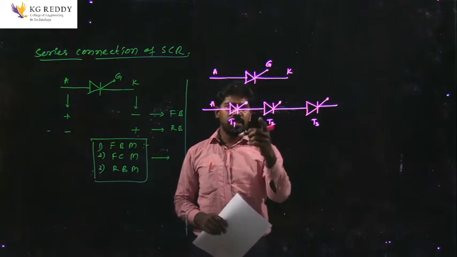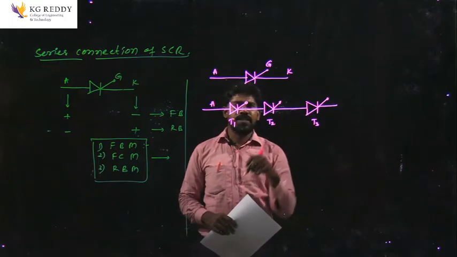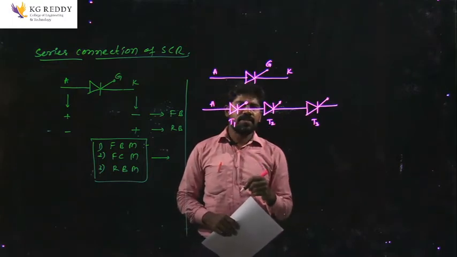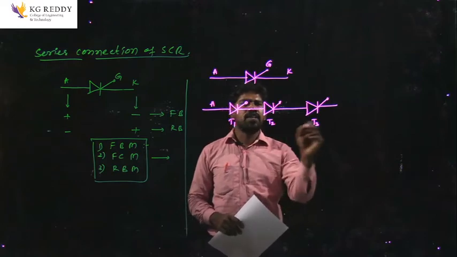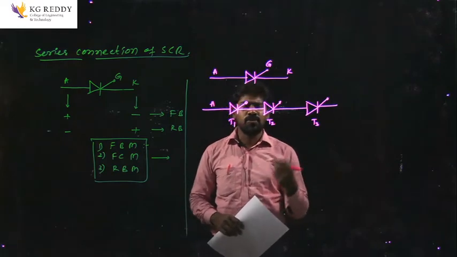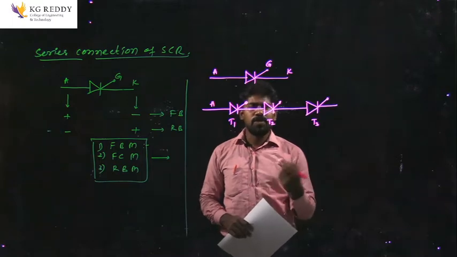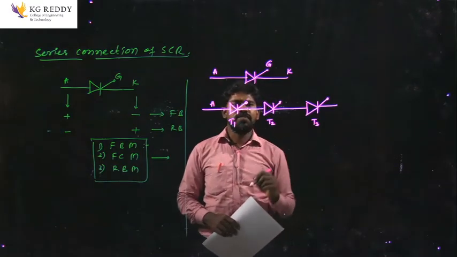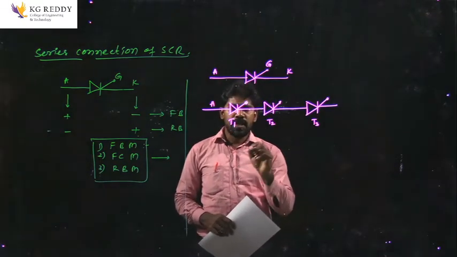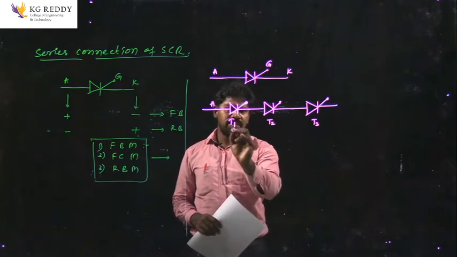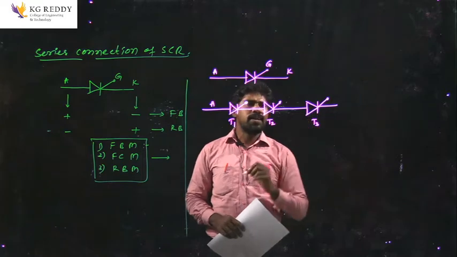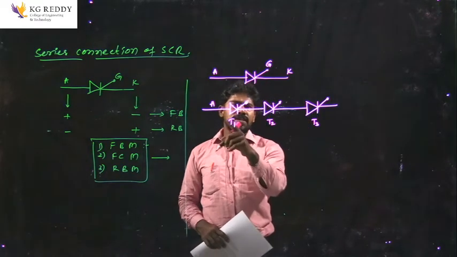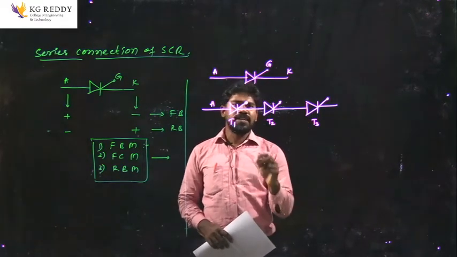Now see how we connect the SCRs in series. What will happen after the connection? Are we increasing the voltage, and does any problem occur in the series connection of SCRs? Now we are going to observe. Here T1 is SCR1, T2 is SCR2 and T3 is SCR3, three thyristors connected in series.